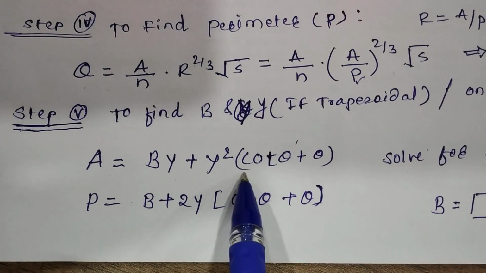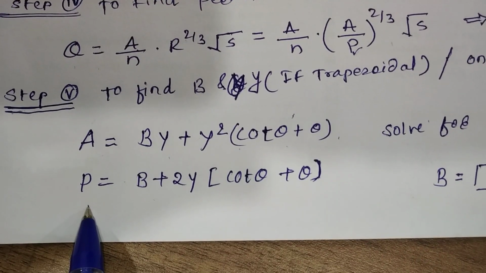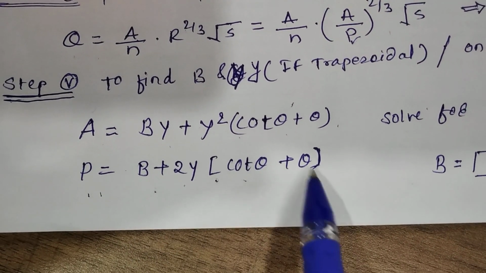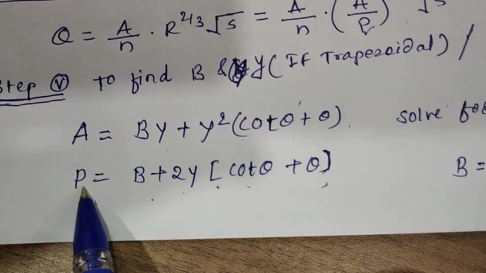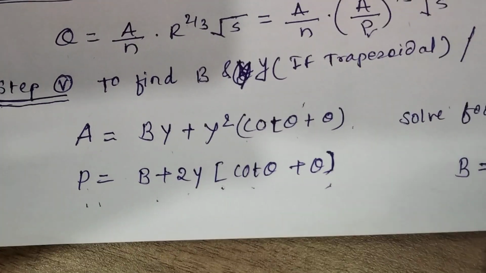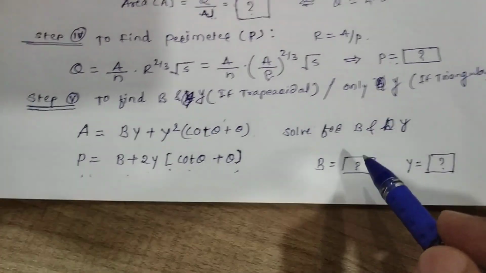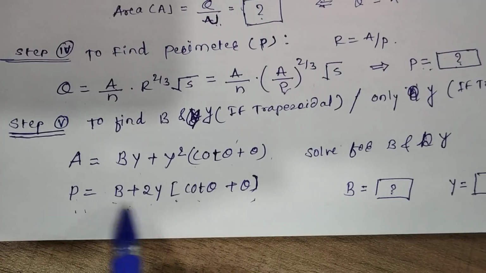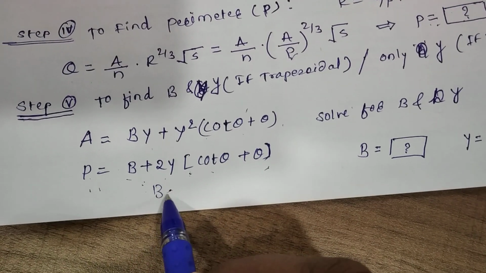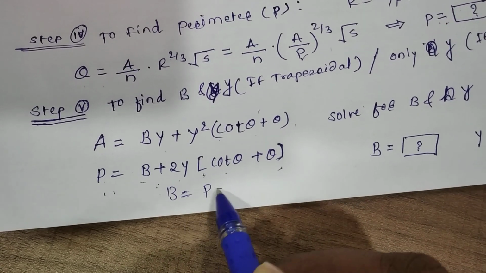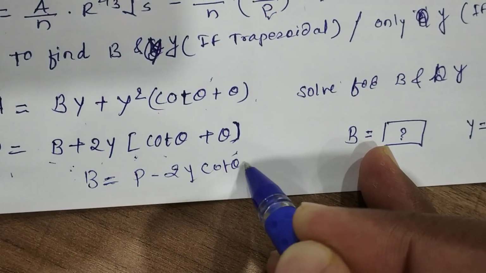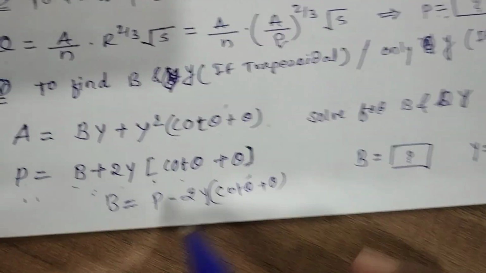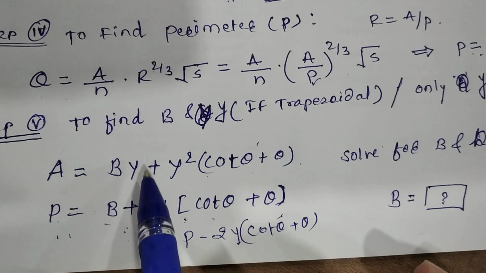Area is equal to By plus y squared times (cot theta plus theta), and the wetted perimeter is B plus 2y times (cot theta plus theta). Here you put the value of area and perimeter and solve for B and y. You can easily solve these equations. Otherwise, convert the equation to B equal to P minus 2y times (cot theta plus theta), and put this B into the area equation.